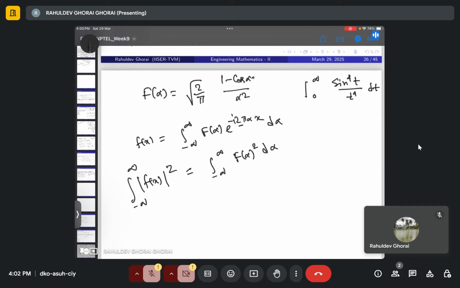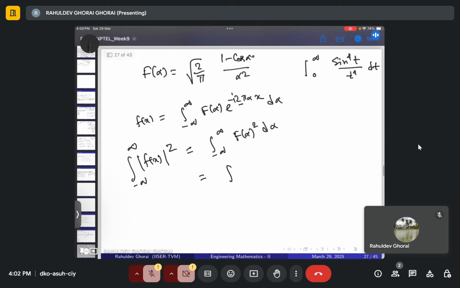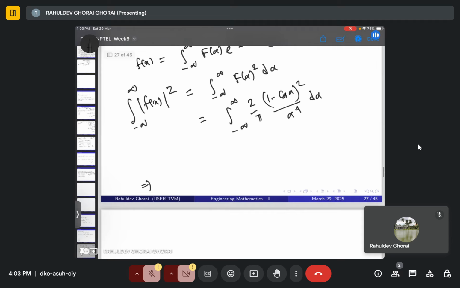It was d alpha here, right? So that is nothing but the integral from minus infinity to infinity of 2 over pi times (1 minus cos alpha) whole square over alpha to the power 4 d alpha. Written in a better way, the integral of (1 minus cos alpha) whole square over alpha to the power 4 d alpha equals pi over 2 times the integral of f x whole square dx.